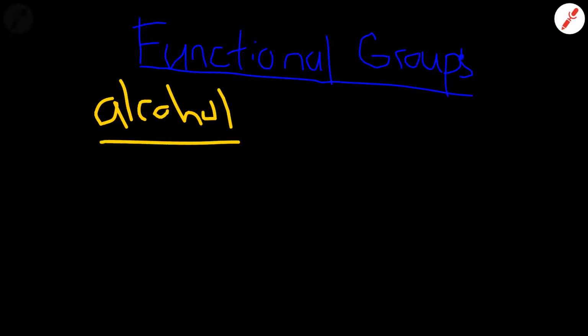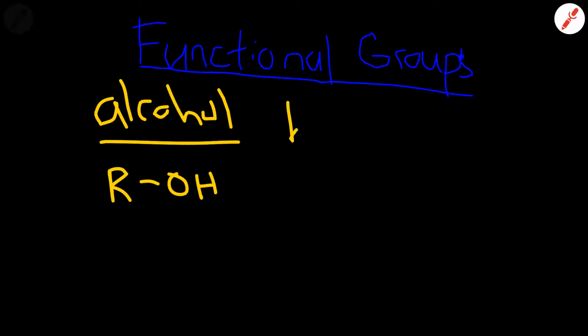So an alcohol functional group is simply an OH group, or an oxygen bonded to a hydrogen, and then the rest of your molecule over here, whether it's a substituent off the middle of a parent chain, or it can be terminal, just as long as it's connected somewhere to your molecule, obviously.